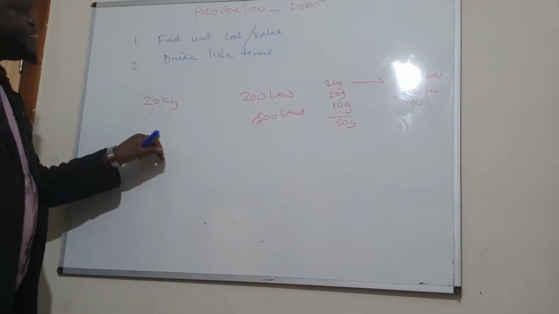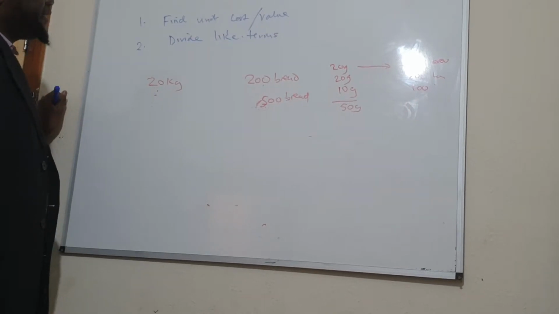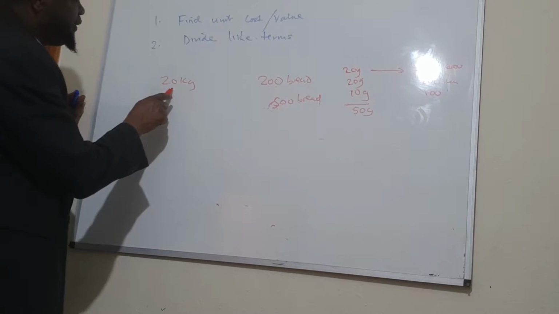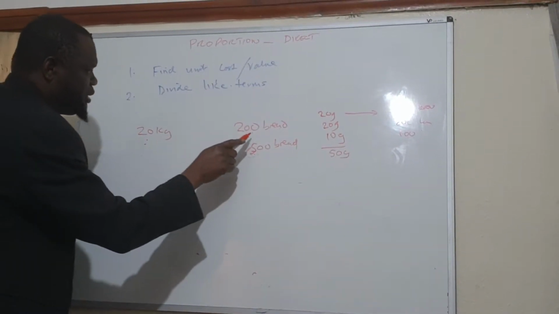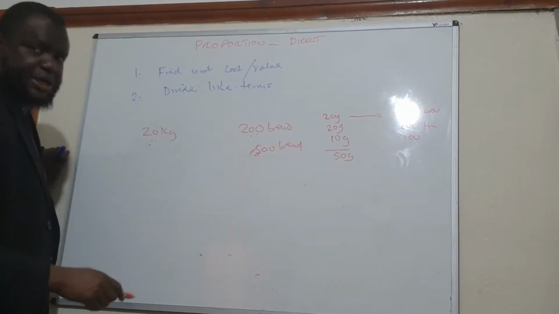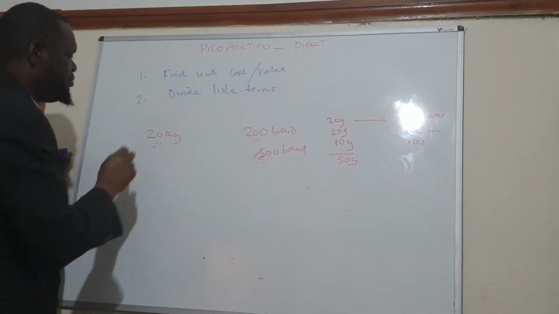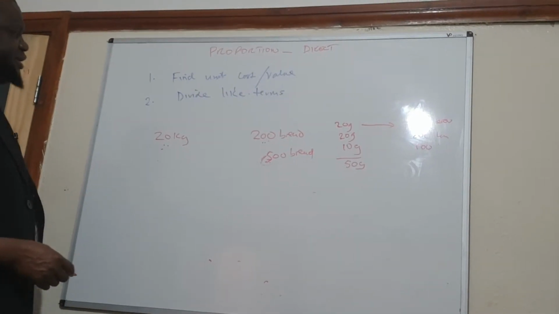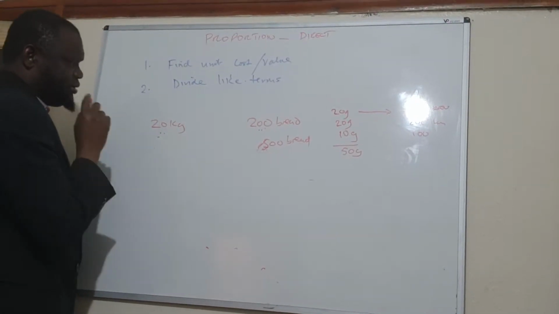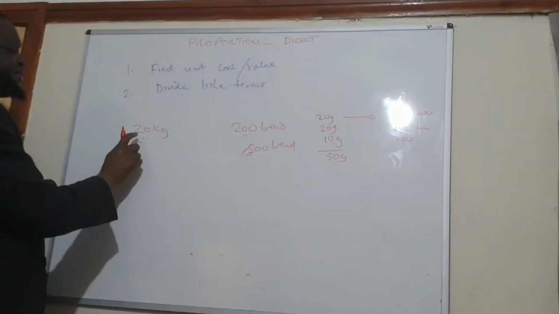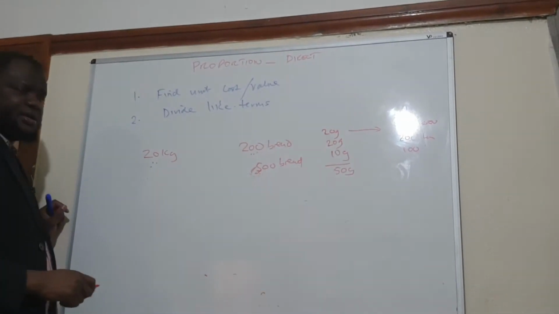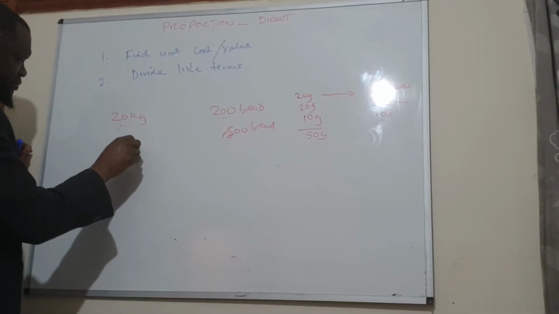But mathematically, you have to find the unit measure. One bread will be made out of how many kilograms of flour? You want to find kilogram per bread.